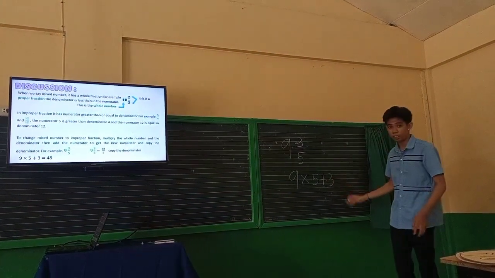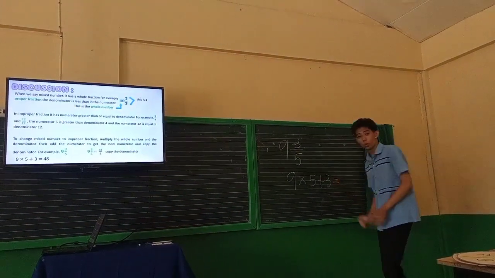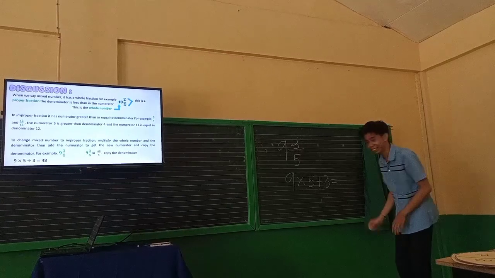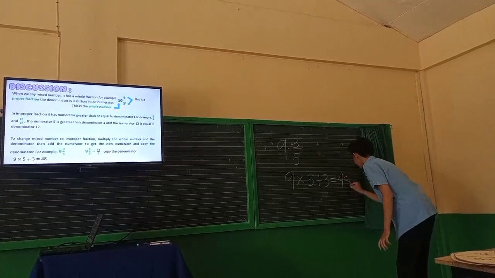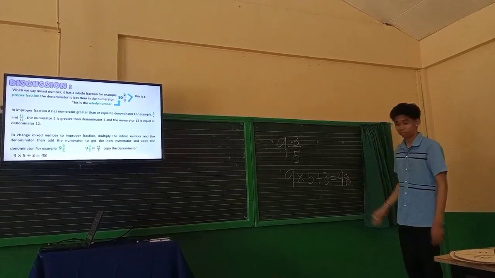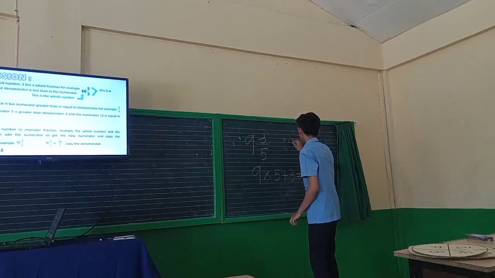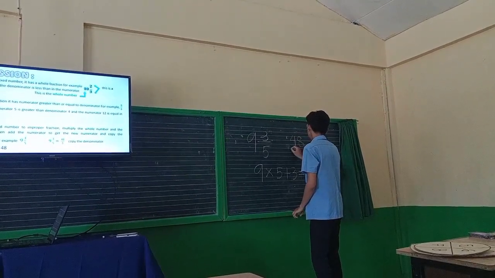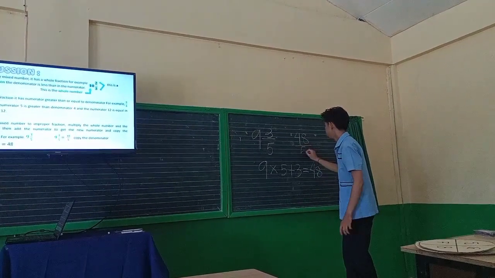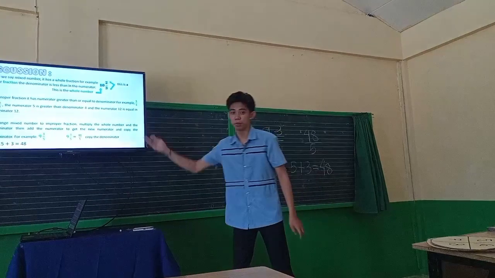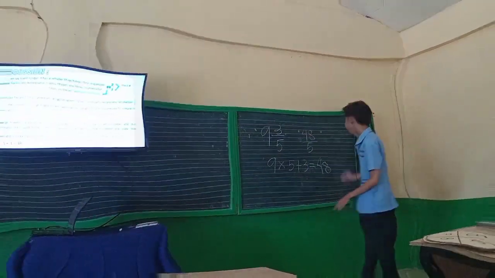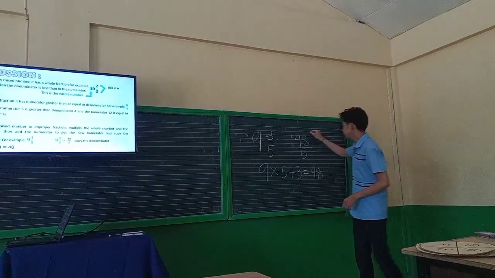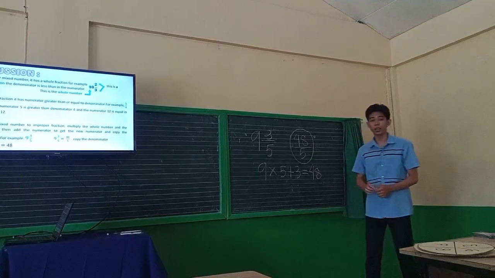It equals 48. Then we go back to the denominator, which is 5. When we do that, our improper fraction is 48 over 5.